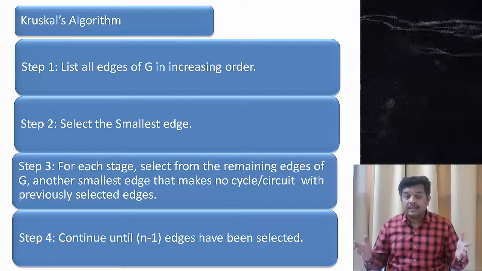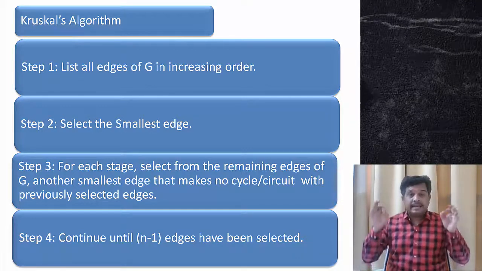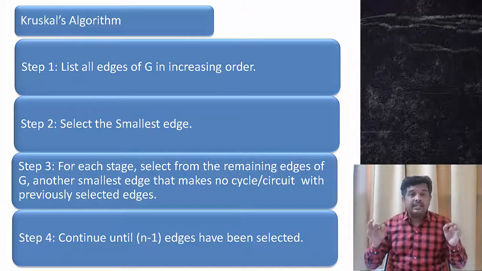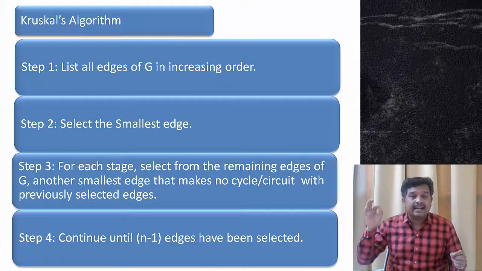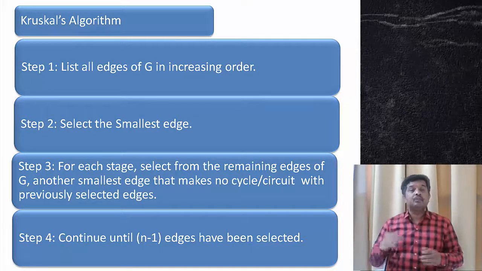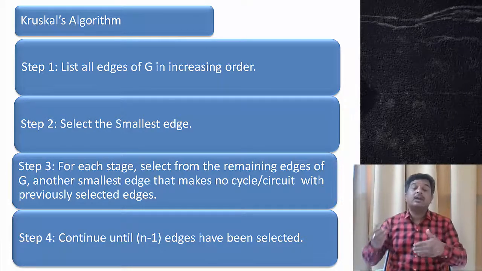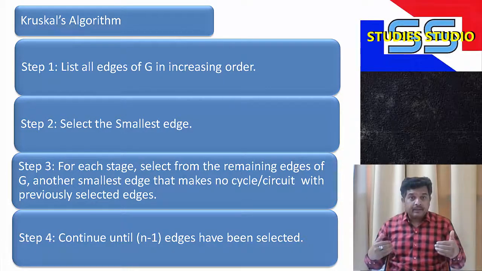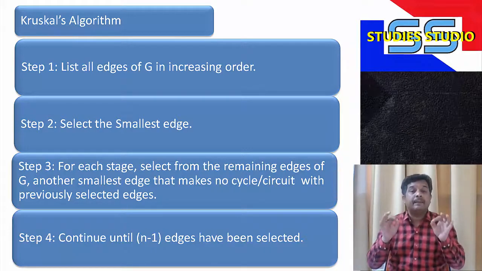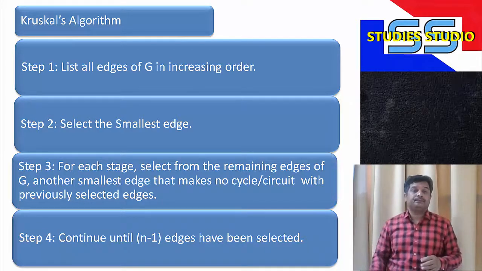Why n-1 edges? Because a tree with n vertices has exactly n-1 edges. So if a graph has n vertices and we are finding a tree, it will have n-1 edges.